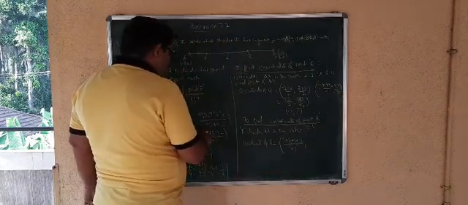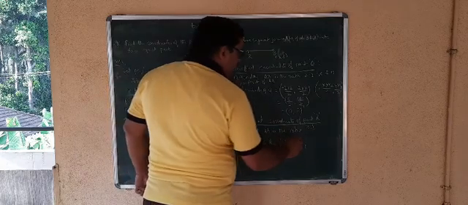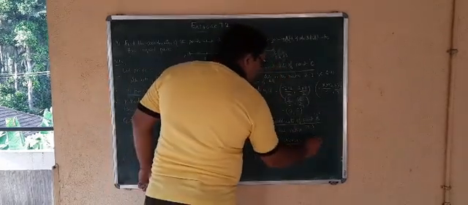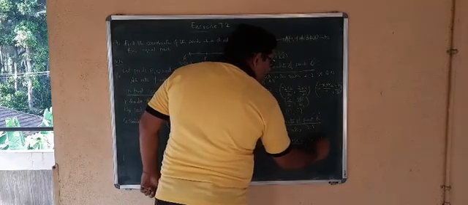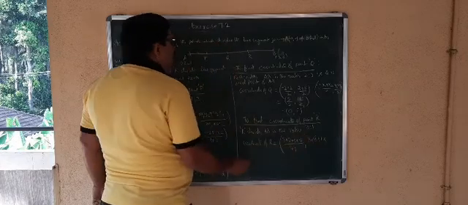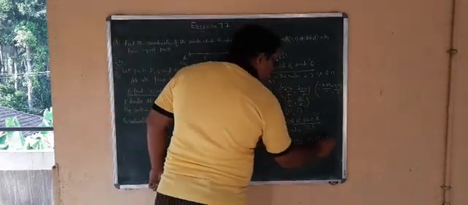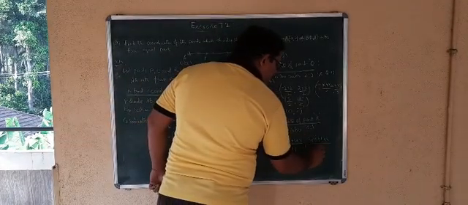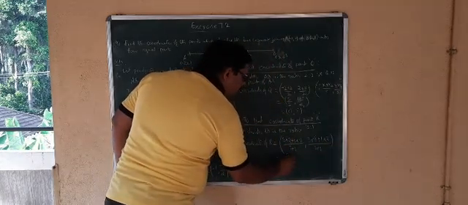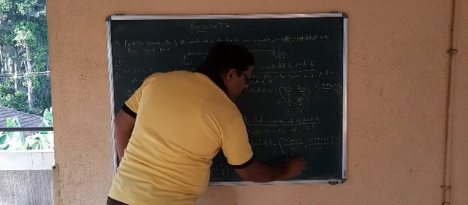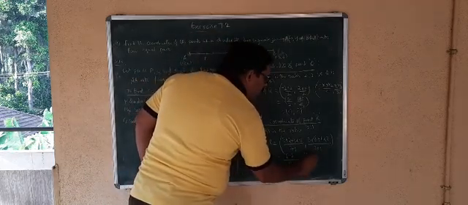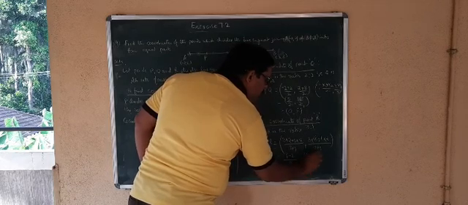Now m1 is 3 into y2 is 8 plus 1 into y1 is 2 by 3 plus 1. So 6 minus 2 by 4 comma 24 plus 2 by 4.